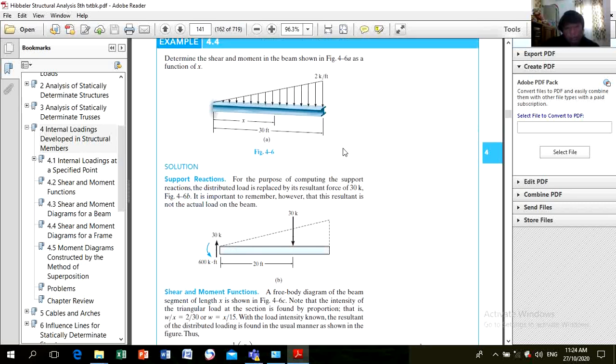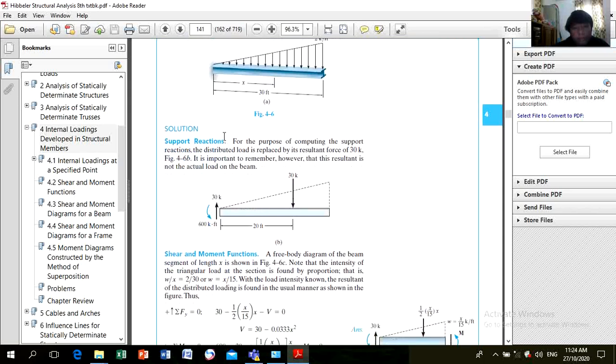So first, determine the reaction. By the way, this is a fixed support, meaning it has shear, it has vertical force along x, y, and moment. But we will not consider anymore the internal normal force, meaning we focus on shear and moment only.